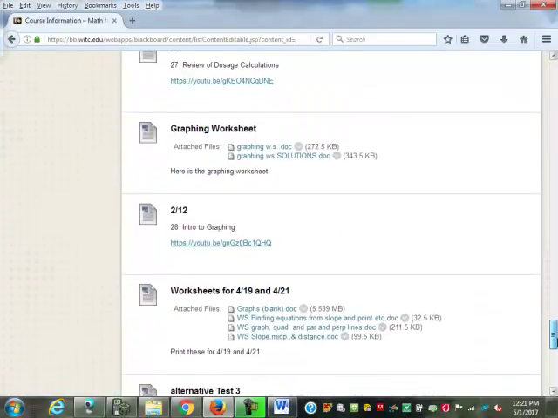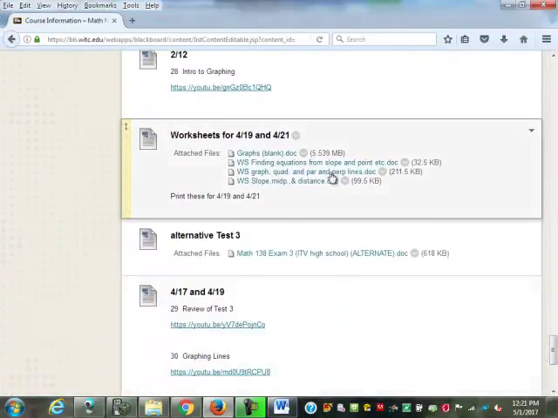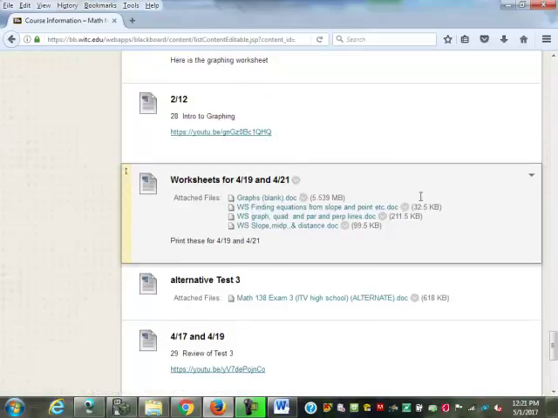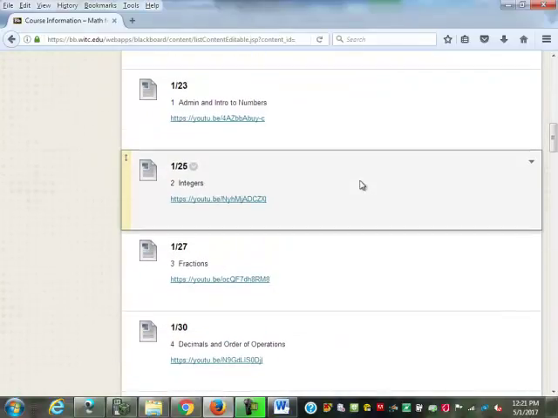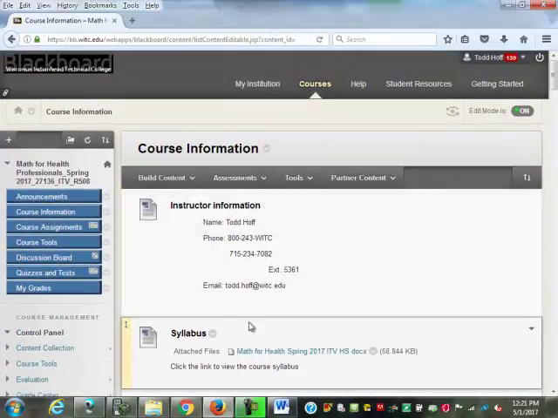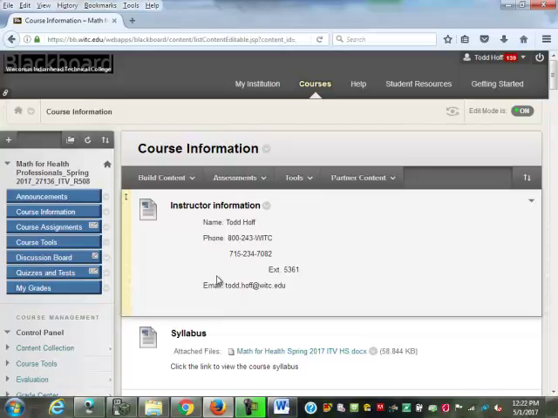You scroll down here on 419, 421. There is a graph. It says quadratic, parallel, and perpendicular. If you open that up, it's writing equations for lines for the parallel and perpendicular. So practice on those. On Wednesday, we will talk about variation. And Friday will be our test. Okay, that's about it. So you guys have a great day.